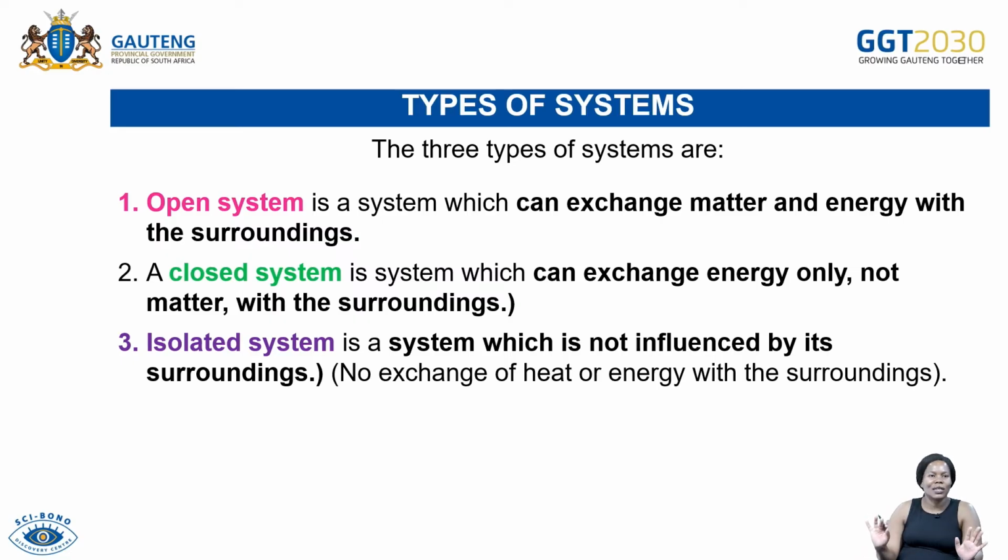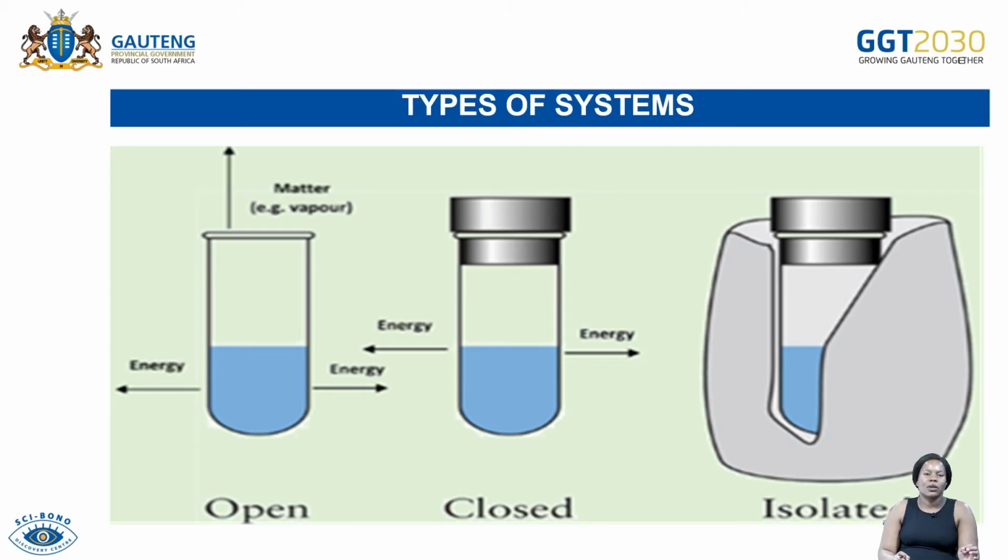It's just isolated, doing its own thing. I usually give a typical example of an isolated system to be what? That of a flask. Inside the flask, the water is there, and it's not affected by what? By the surroundings.